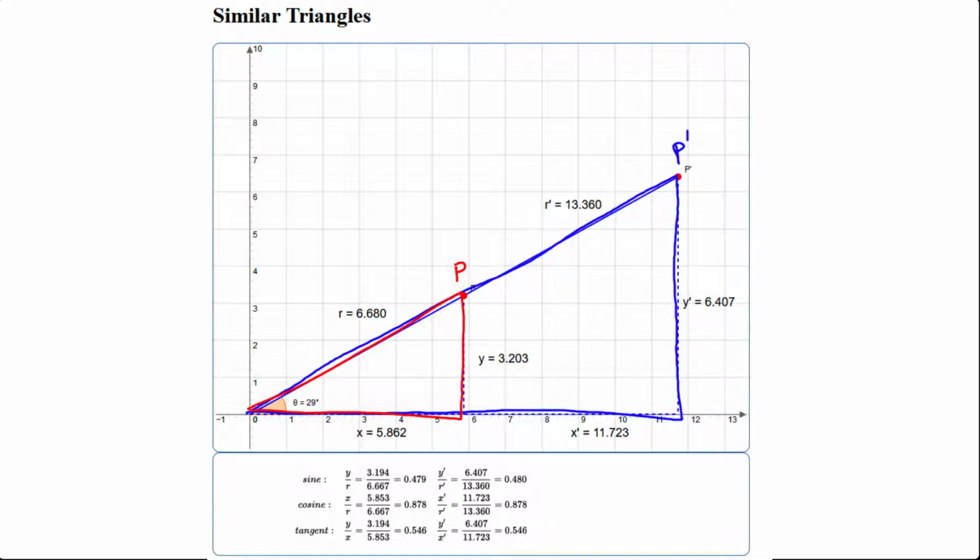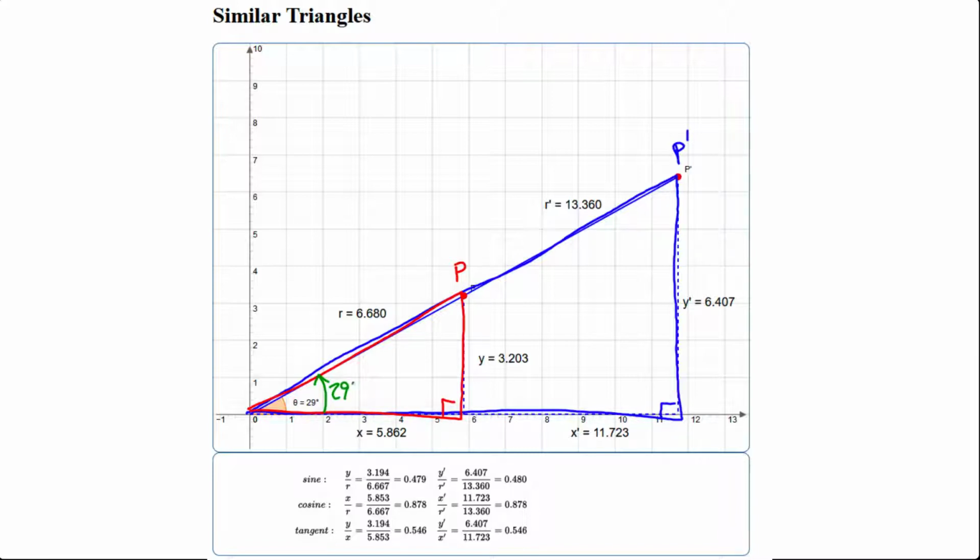Anyhow, I have two different triangles, and I'm guaranteed that these are similar triangles because they contain the same angles within. For instance, the red triangle has a right angle and the blue triangle has a right angle. The shared angle between them, which I'll do in green, is 29 degrees.